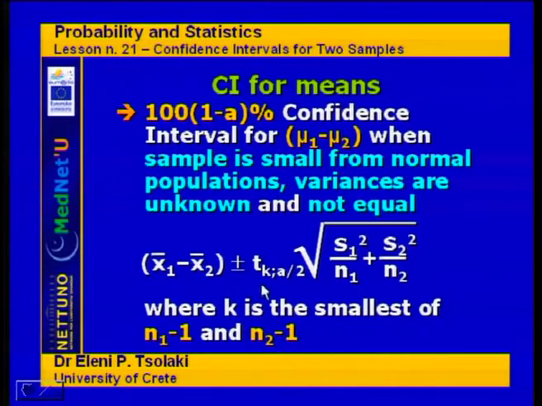So we choose as degrees of freedom for the t-distribution the smallest of these two numbers.